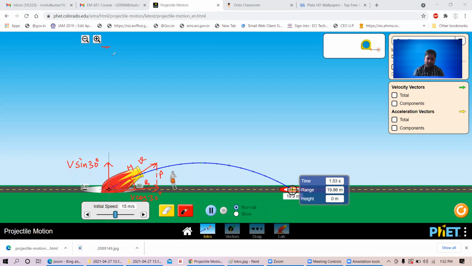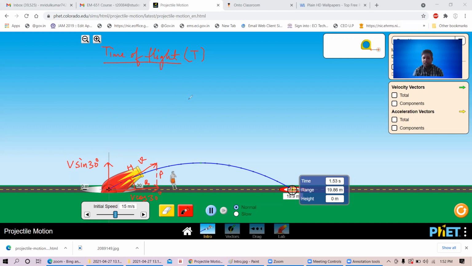The time of flight is the time for which the particle is in air or in any medium, until it hits the ground again. So it is the time taken by the particle to go from this point to this point. The time of flight is represented as capital T.